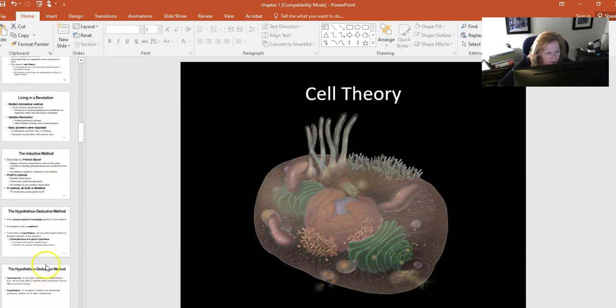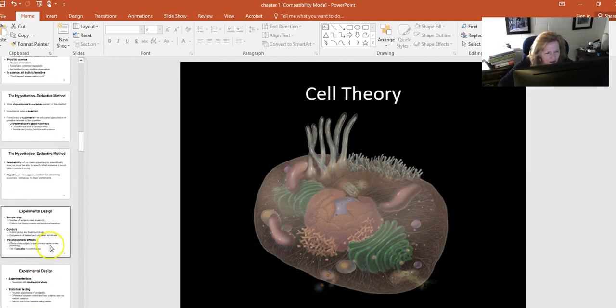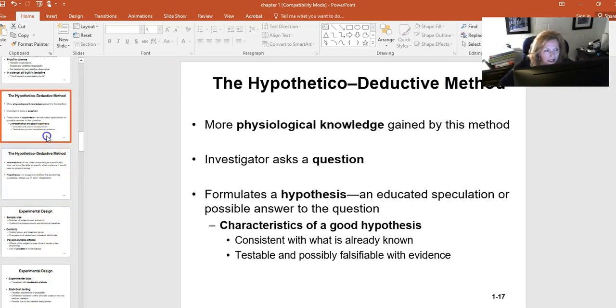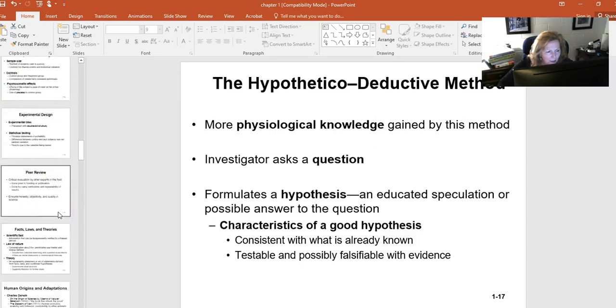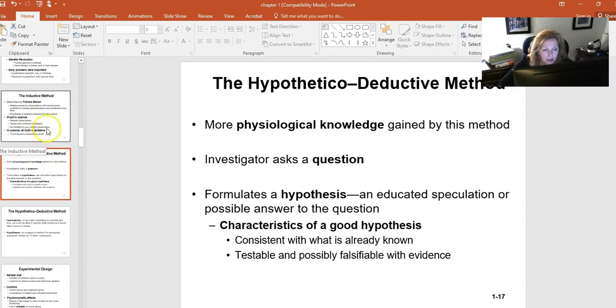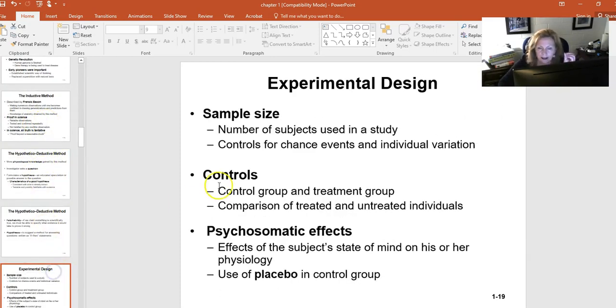And I do need for you to understand what a scientific theory is, how we actually get to this. It's so very important that you understand that it is a statement that actually explains something in nature.